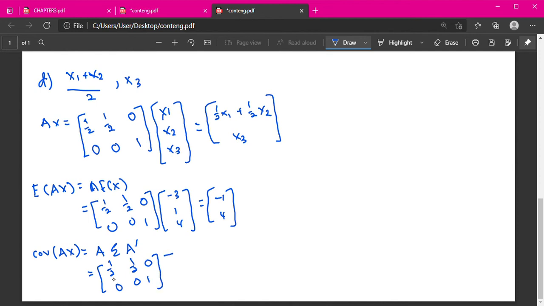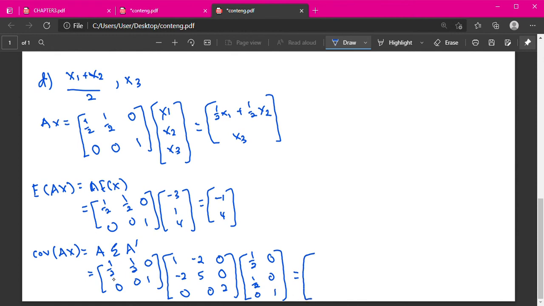Okay, and then multiply the covariance matrix, which is 1, negative 2, 0, negative 2, 5, 0, 0, 0, 2. Dan transposekan A tu, you akan dapat 1 over 2, 1 over 2, 0, 0, 0 and 1. So last kali you akan dapat matrix of 2 by 2.